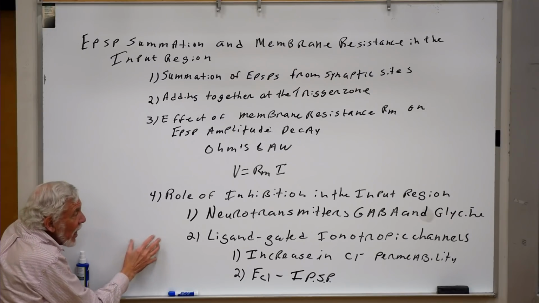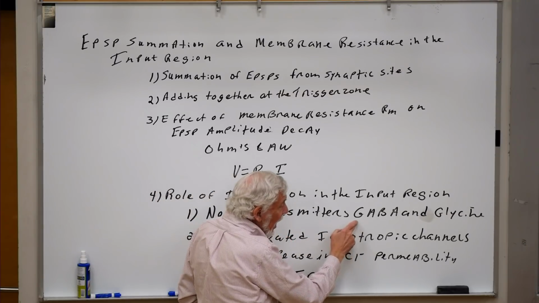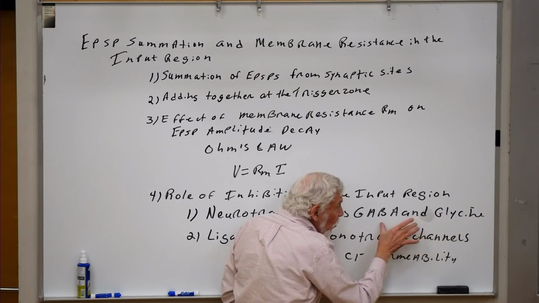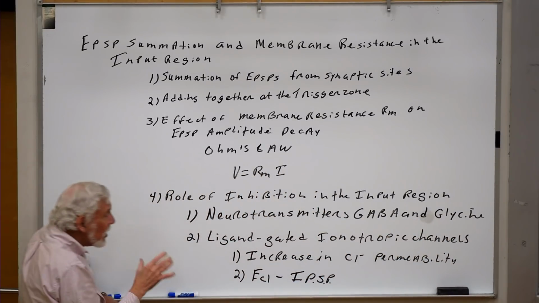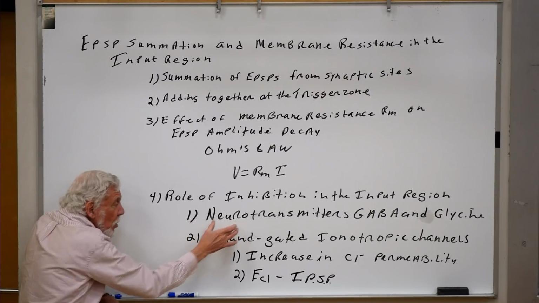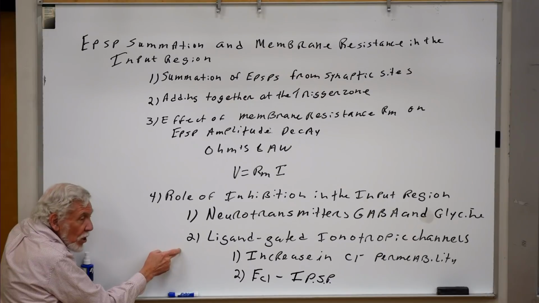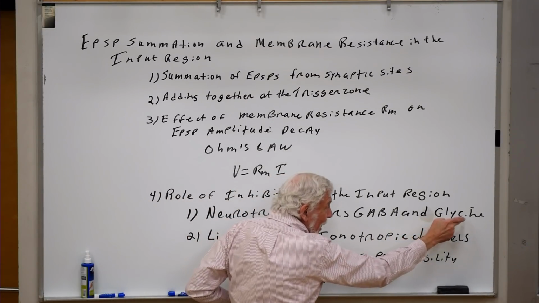We have to talk about the ideas of inhibitory neurotransmitters being mostly GABA, gamma-aminobutyric acid, and another amino acid called glycine. But regardless of which of these neurotransmitters we use, the outcome is the same, and that is these neurotransmitters will bind to a ligand-gated ionotropic channel receptor. In other words, there will be GABA receptors, alternatively, there will be glycine receptors.